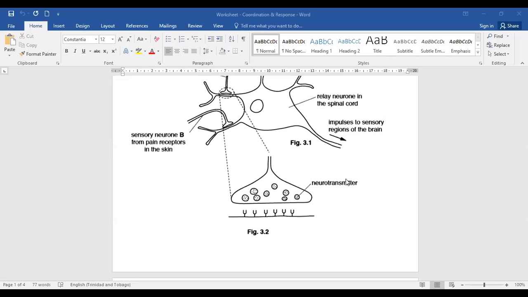How is it that the structure of the synapse ensures that the electrical impulses only travel in one direction? So when the electrical impulse reaches here and these chemical neurotransmitters are released and bind to the receptors, how do we ensure that it only happens in one direction and they don't just go haywire?